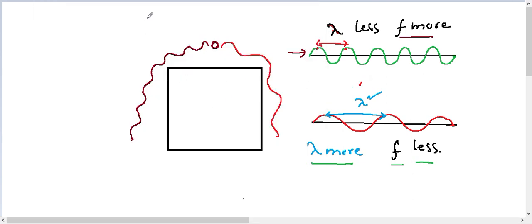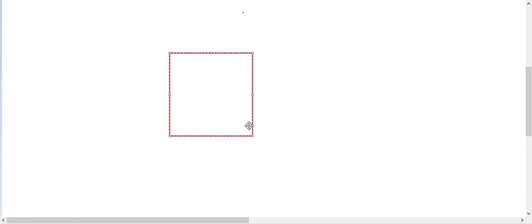Remember, if I explain it again in a different way, for example, this is a body in between the sounding body and the listener. If the wave which is being generated has low frequency, it means it must have a longer wavelength.